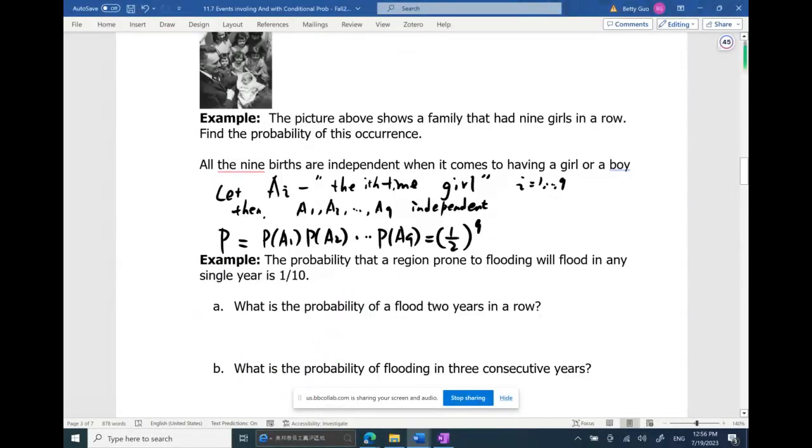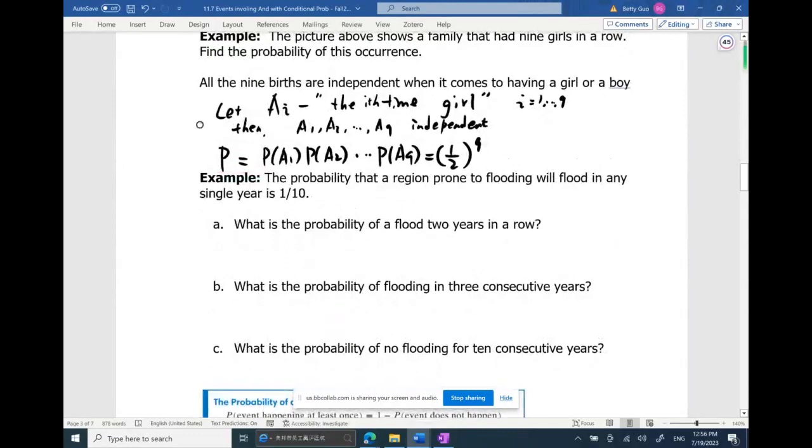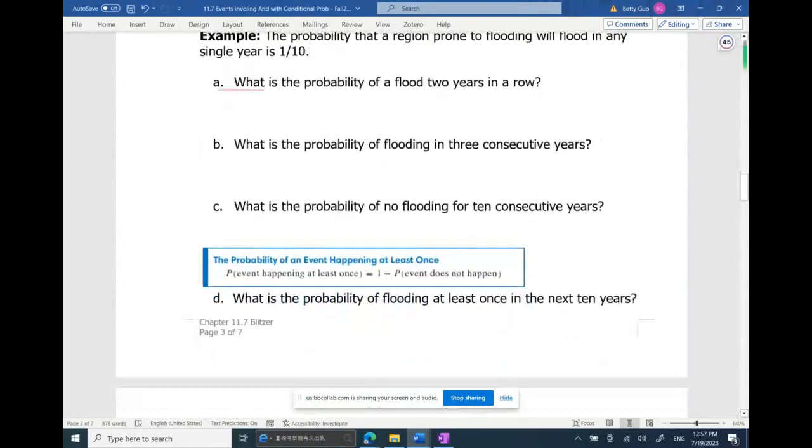Next example: the probability that a region prone to flooding will flood in any single year is 1 over 10. What's the probability of a flood 2 years in a row?